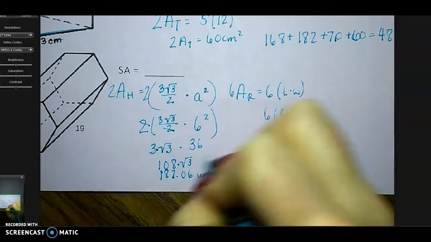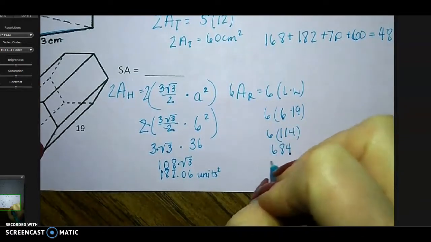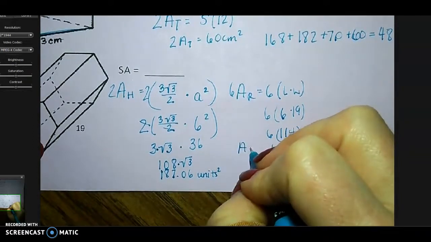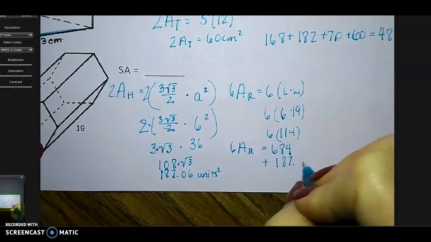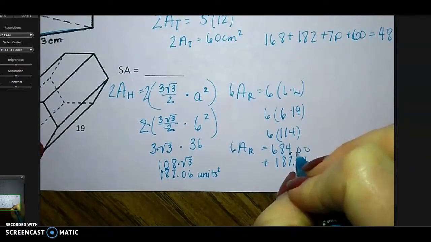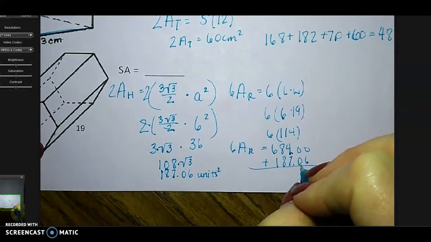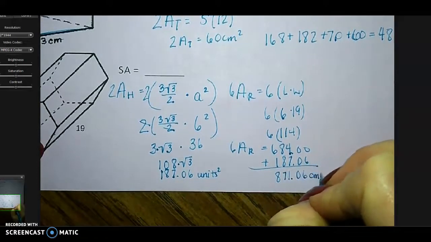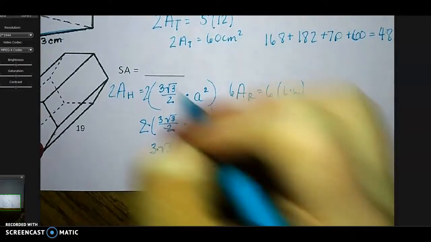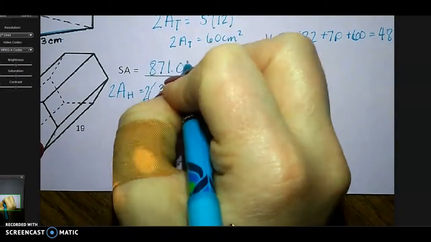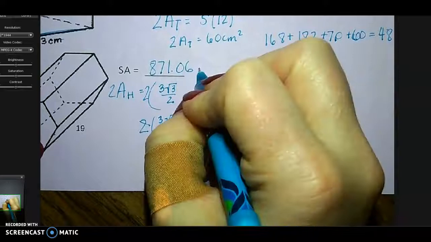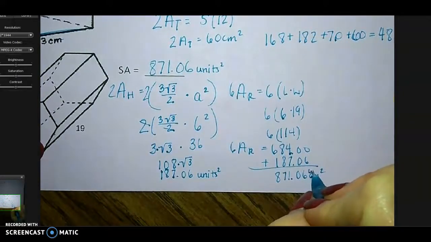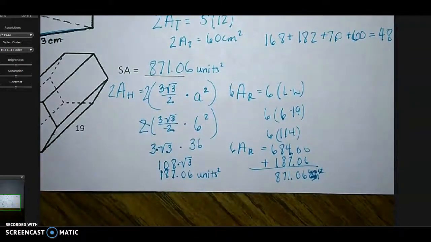Now I can just add these together, and I can find out that my total is 871.06, and it's units squared because they didn't tell us that it was centimeters there.